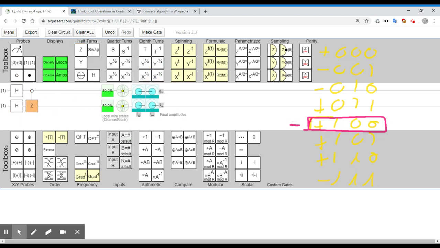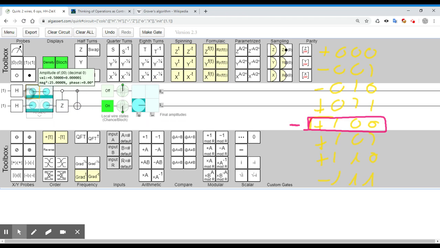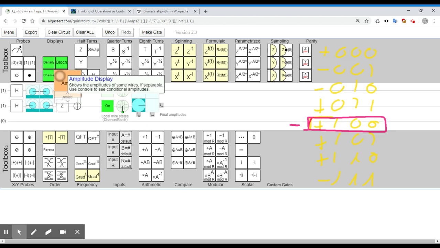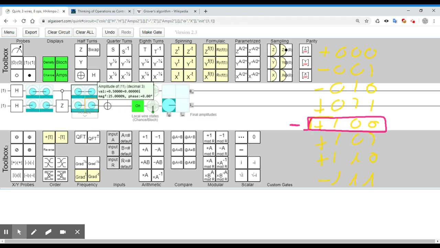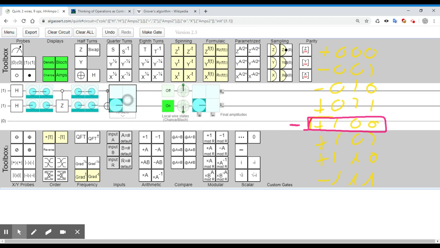We will use this oracle. I'm not going to do all the gates in here now, and I'm going to use these. Okay, so we got it, and now we have the density display: the amplitudes here, the amplitudes here, and the amplitudes here.